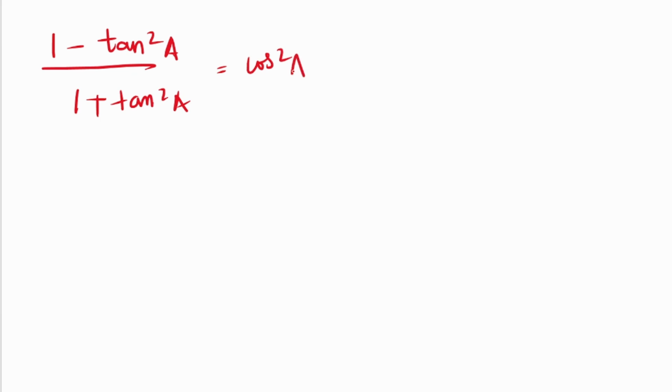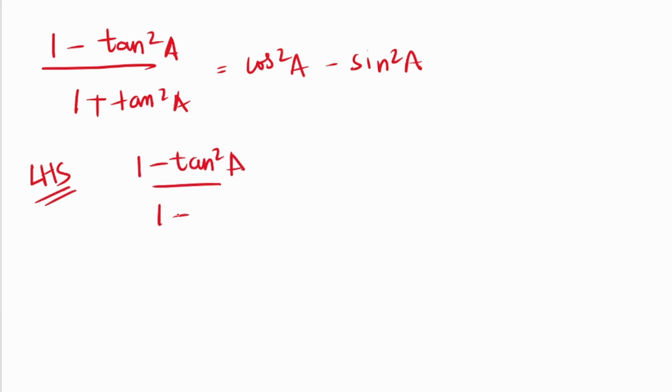So let us write the question once again. We'll first find out the LHS, then we'll find out the RHS. So this is the LHS. We have found out the value of tan A to be 3 by 4.